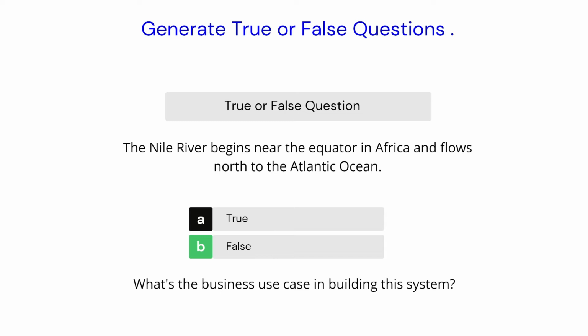And if we can build an automated system where they can just put in a chapter and get these true or false questions automatically, then we reduce their workload and provide automation. So this kind of system is very useful to generate a large quantity of questions in a short span of time. Someone can review these generated questions and accept them into the system or not.